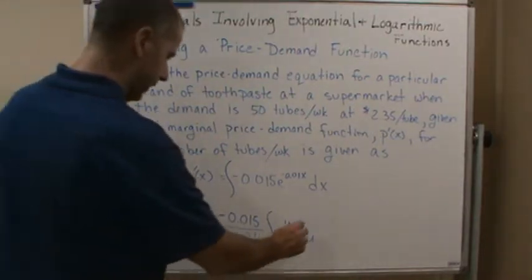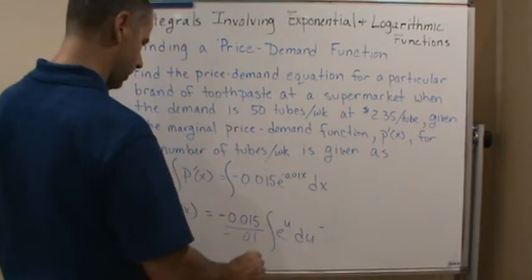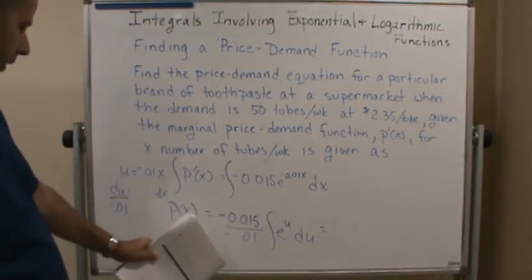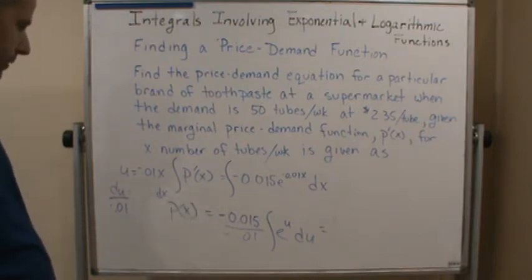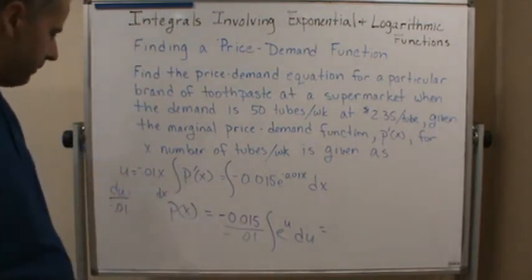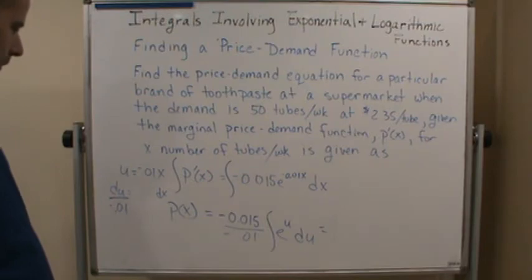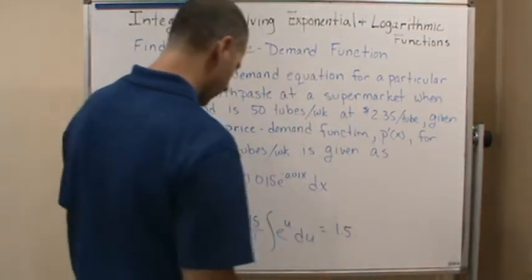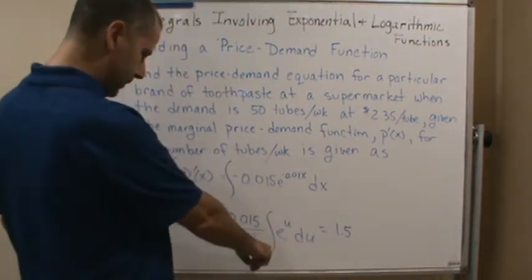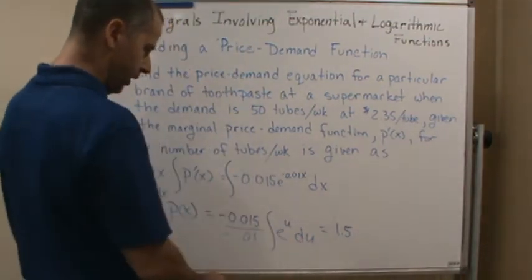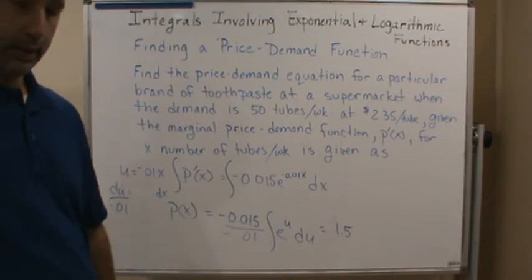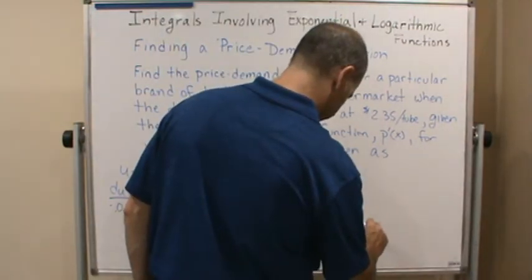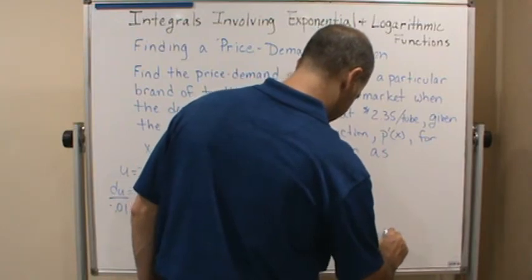Now what's going to happen is this is going to become what? Well, in this case, it's just going to be 1.5 in front, because if you simplify the fraction, it becomes positive 1.5, so it'll be 1.5 times the integral of e to the u, which is just e to the u plus c.